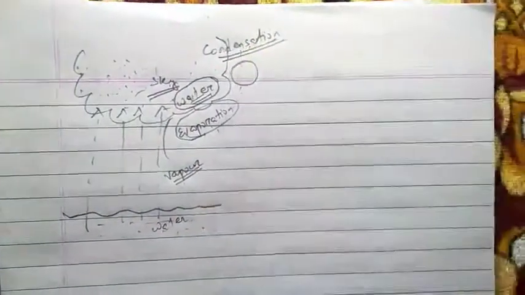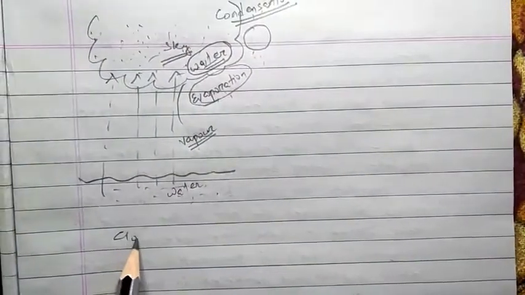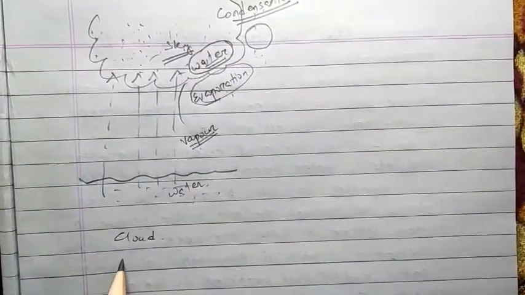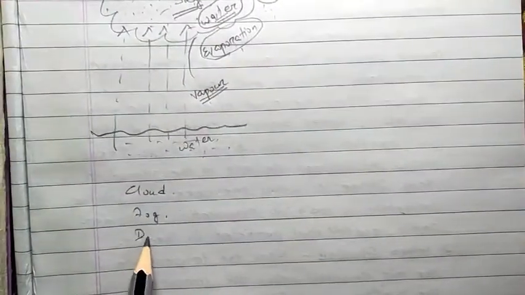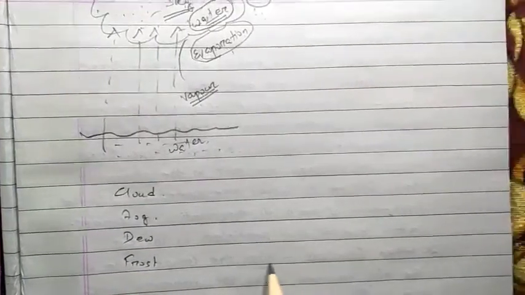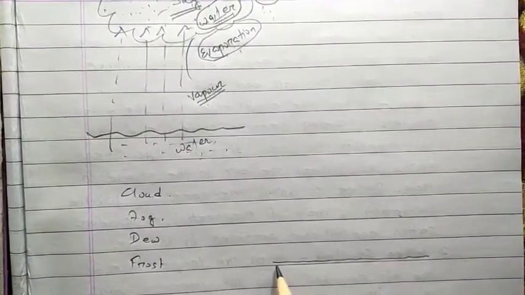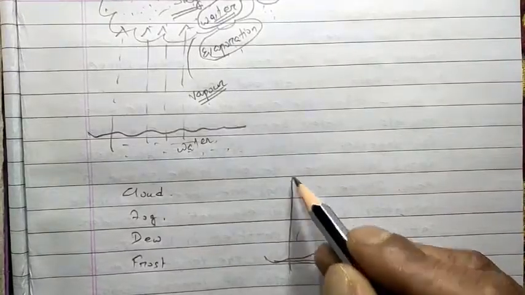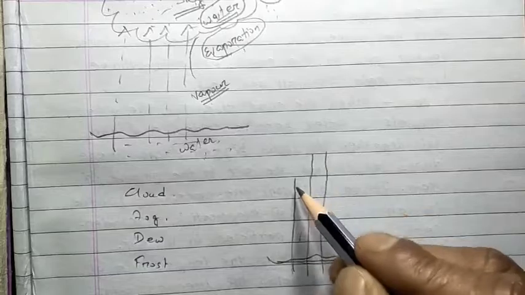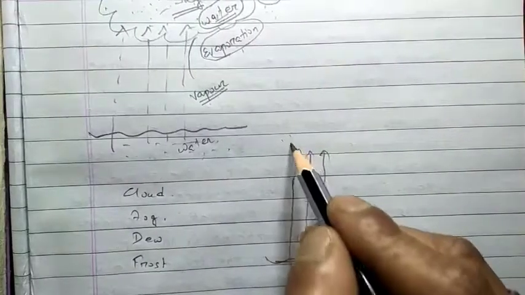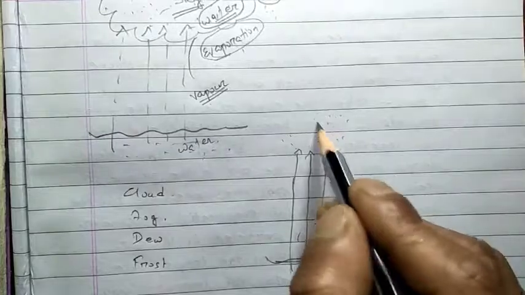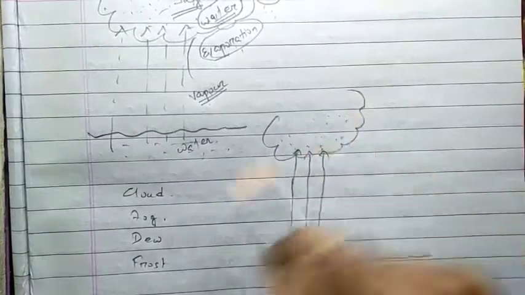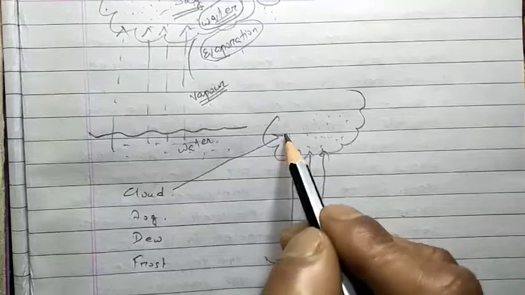Now about the types of condensation, I have told you the first type is cloud, the second is fog, the third is dew, and the last is frost. Just consider this is the earth's surface. From the water bodies, the water will be evaporated, and this evaporated water will reach the upper layer of the atmosphere, and here these droplets will change into drops of water and cling with the dust particles, which is known as clouds.